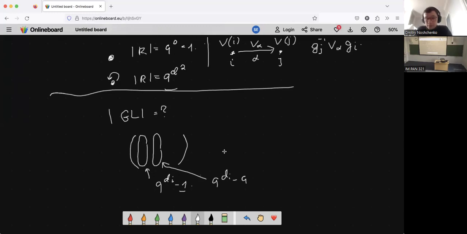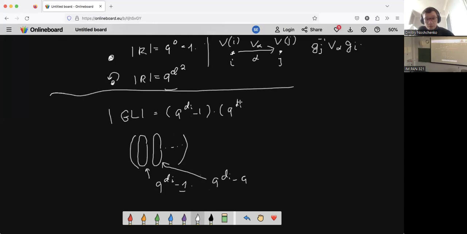And so similarly, one can continue going all the way to finish this matrix, and one arrives at a formula which looks like a finite product. This is the number of possibilities for the first column, which was q to the power d minus 1, times, for the second column, we exclude the first column, and so on.